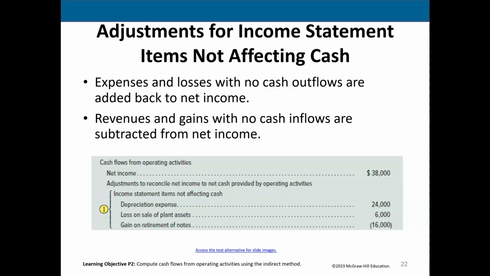Because the amount I think that we got on the plant assets was $2,000, if I'm not mistaken. So that is the amount that we received from the asset, but yet we have a loss of $6,000 on the sale. And that is because we still were depreciating some of the asset, and we don't know where the asset was in the depreciation process. So that's why there is a loss of $6,000. Same with the gain.